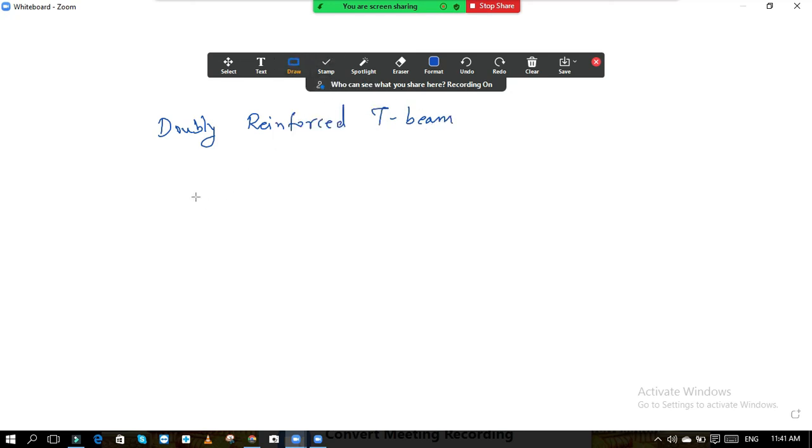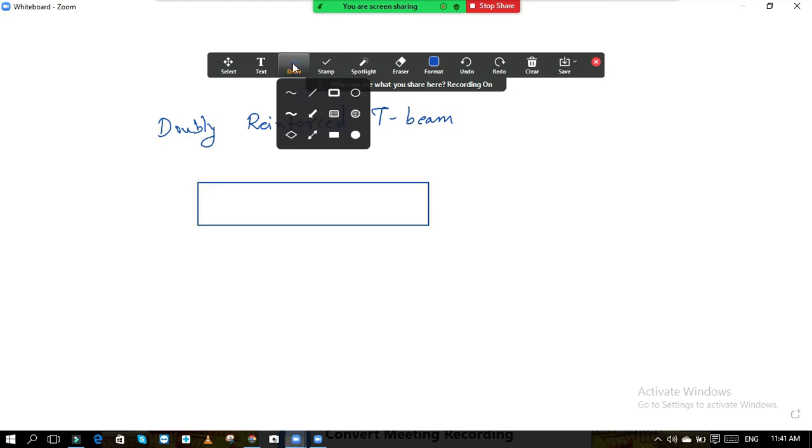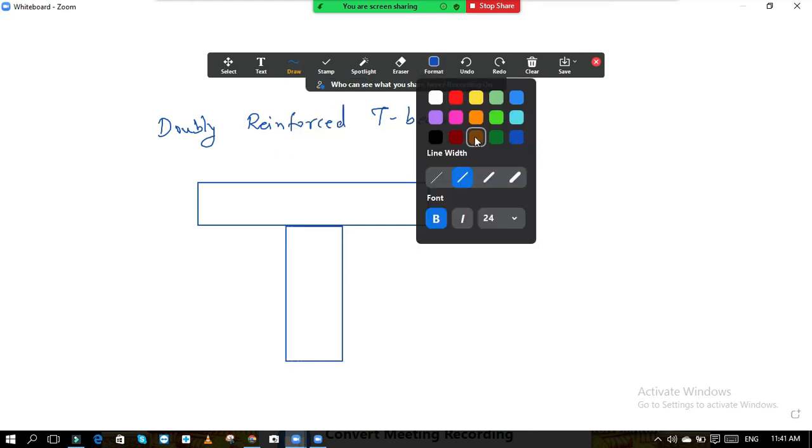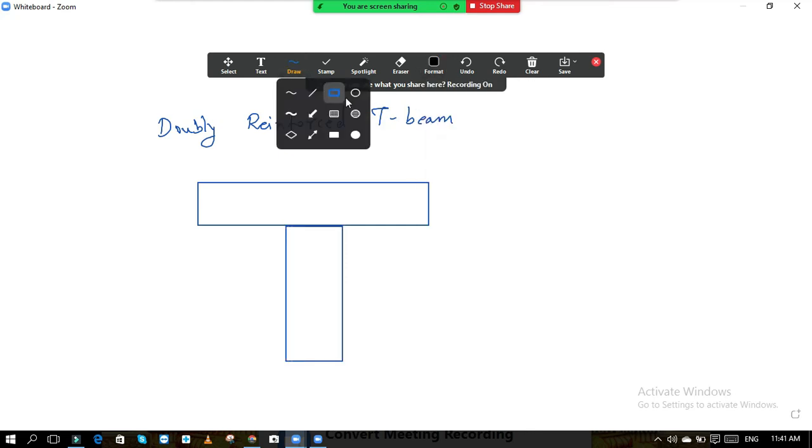So now here, if I draw the beam, this is the T-beam. Now assume that the reinforcement is provided in the T-beam. Here the normal reinforcement will be there, the area of steel.